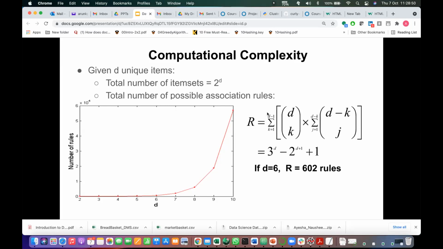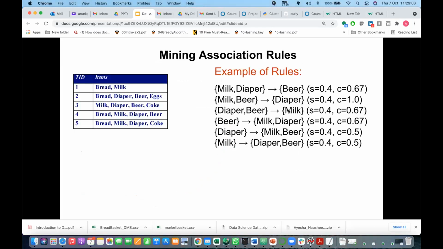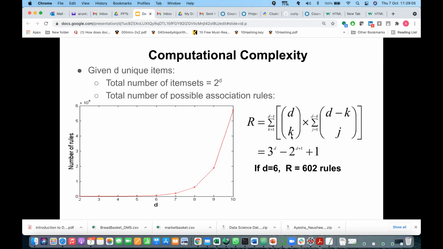So how many ways can you select a set with one item? There are d items, so you can select d C 1 sets. How many 2 sets can you find? d C 2. How many k item sets? d C k. That is the left side. Then the right side: the elements which are there in the left side shouldn't be there.